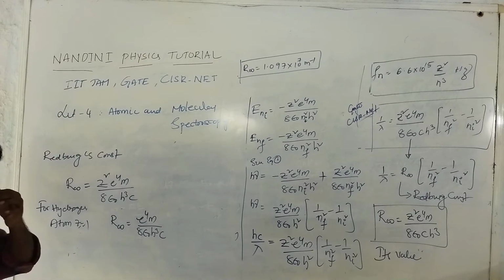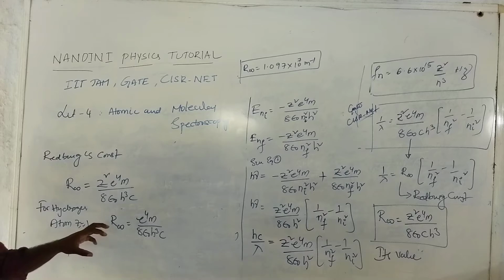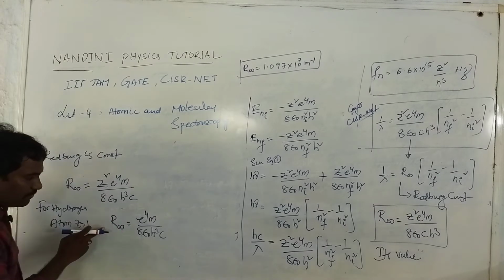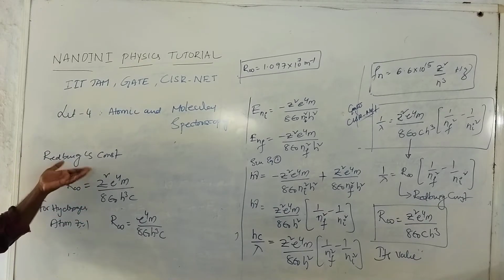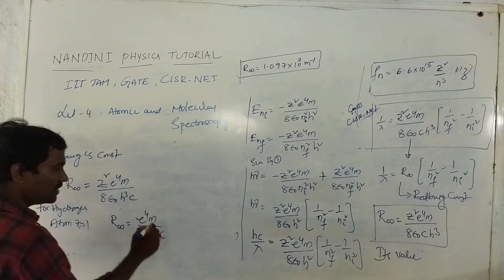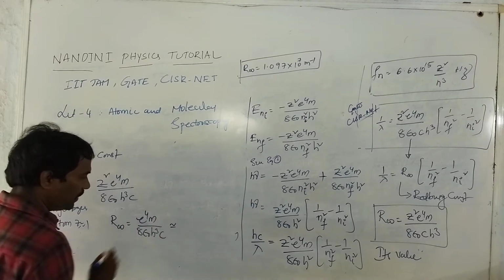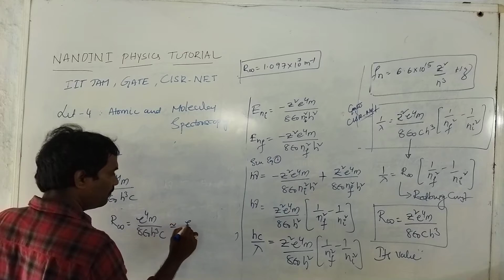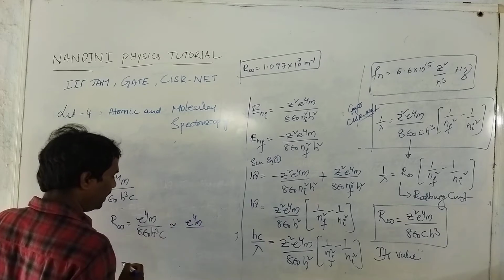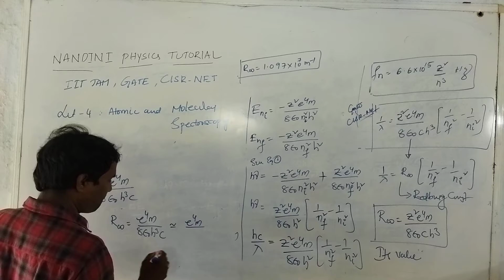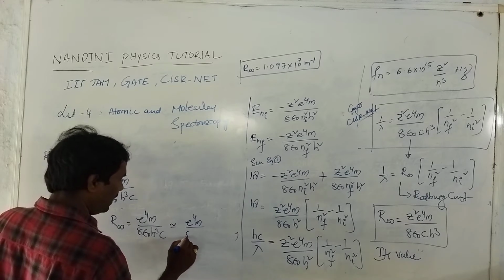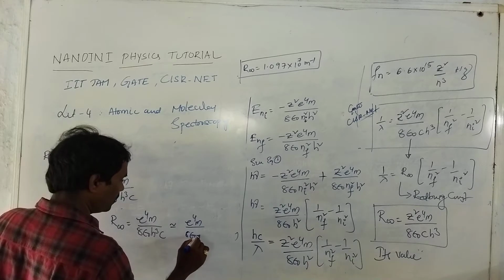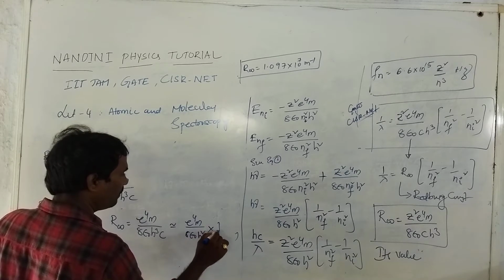I can change this equation in terms of energy, because there is a relation between the Rydberg constant and energy. For the energy of the hydrogen atom, this equation is written as e power 4 m divided by 8 epsilon naught h square, into 1 by hc.